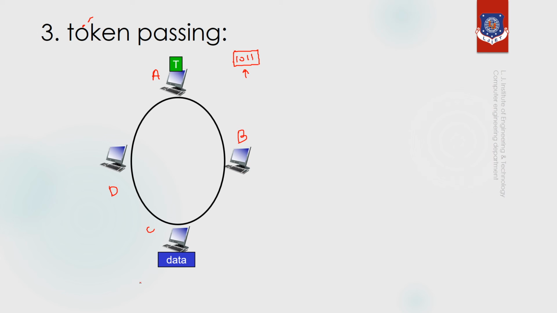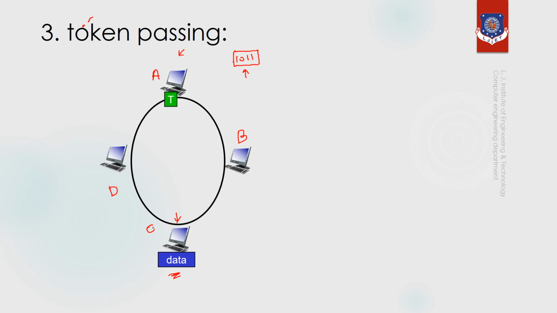So suppose in this example, device C has data to send, but it will not send data directly. It has to wait for the token to arrive. And when the token arrives at device C, then and only then can it send its data. Right now the token is at device A, so device C cannot send data.